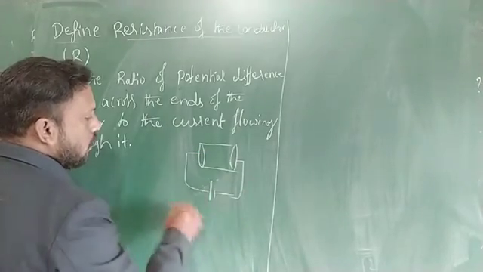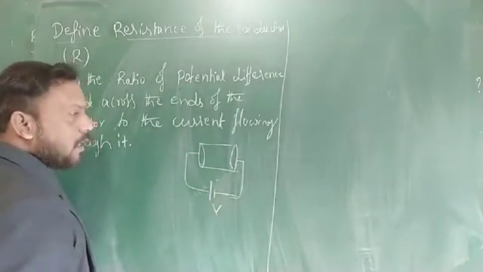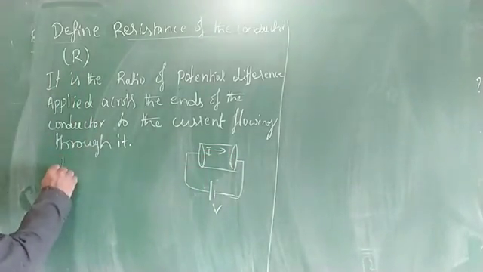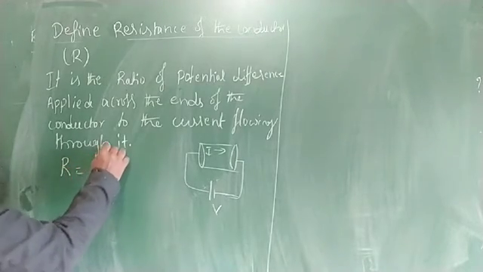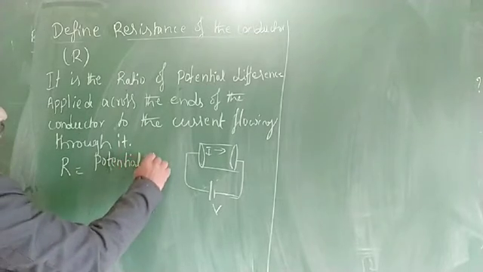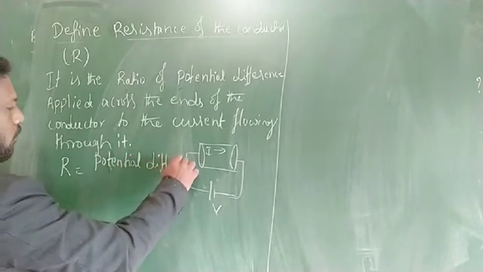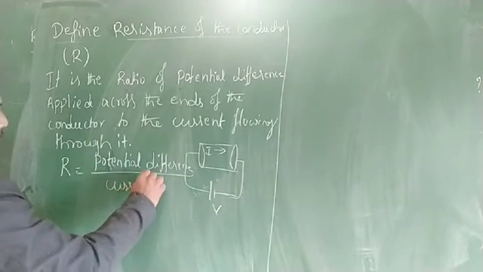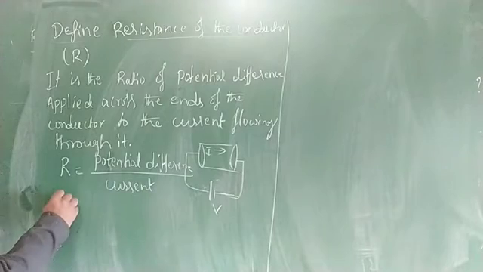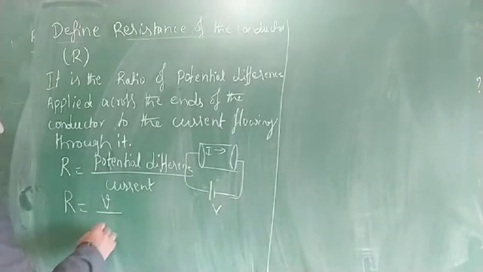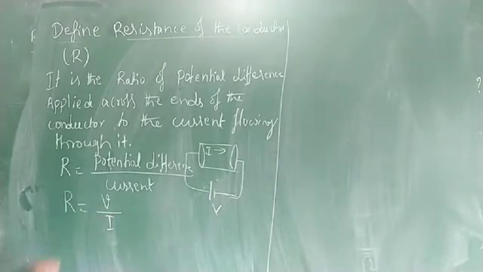V is the potential difference applied across the conductor and I is the current flowing through it. Therefore, R is equal to V divided by I, or V is equal to IR.